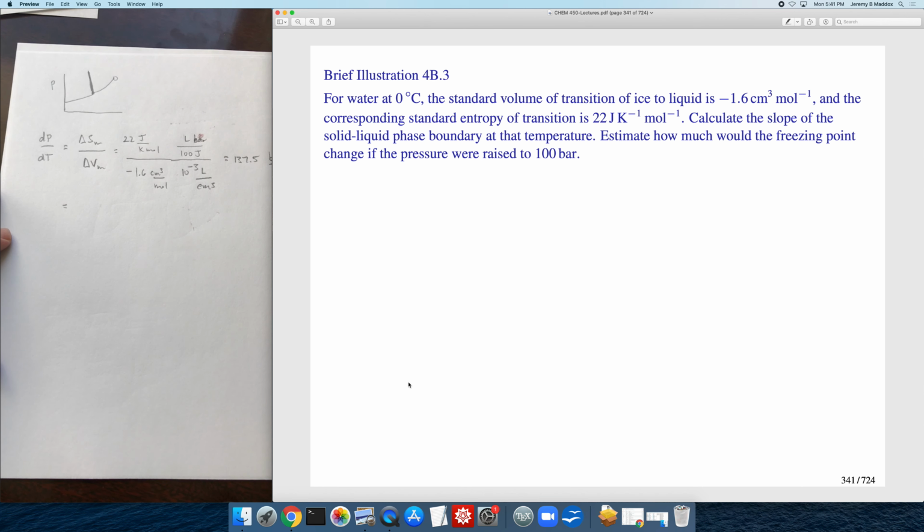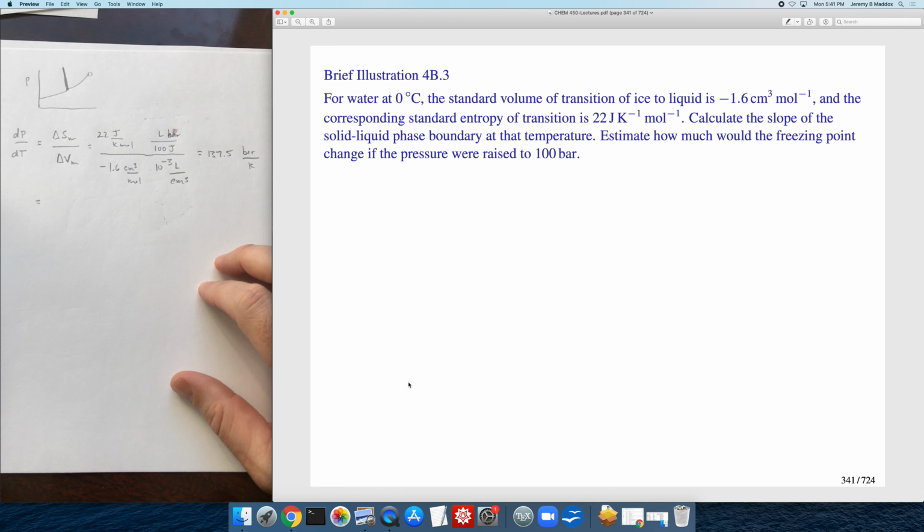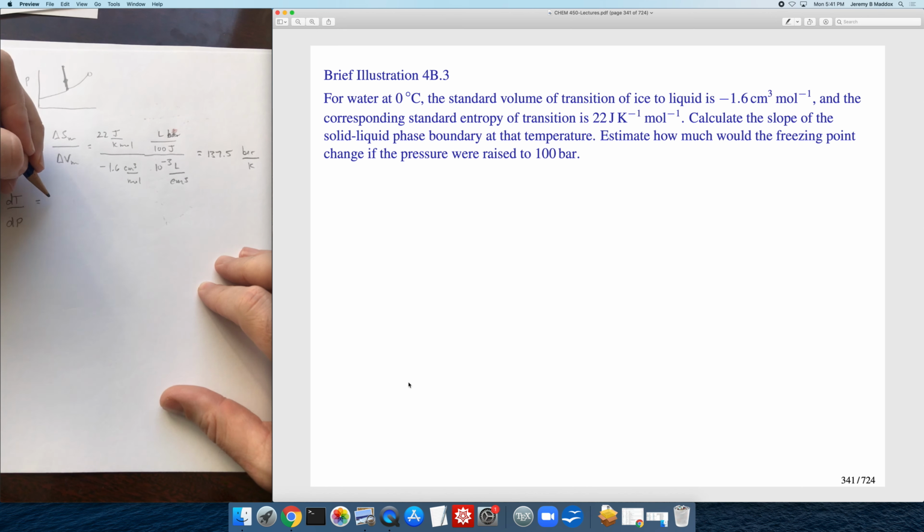In the follow-up problem, what they want us to do is to calculate by how much the freezing point will change if we increase the pressure by 100 bars. Let's suppose that we're here, and then we increase the pressure by 100 bars, we should see the temperature decrease. So what we're going to do is flip this around, take the reciprocal, and then we'll just assume that this slope is a constant.